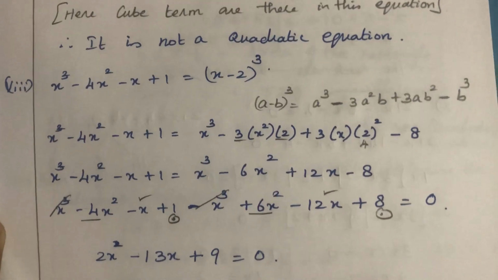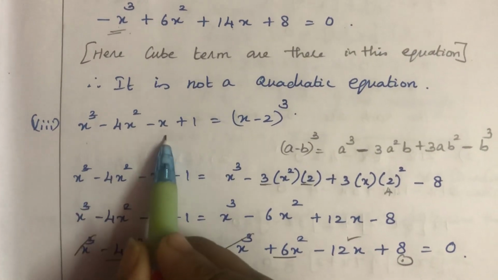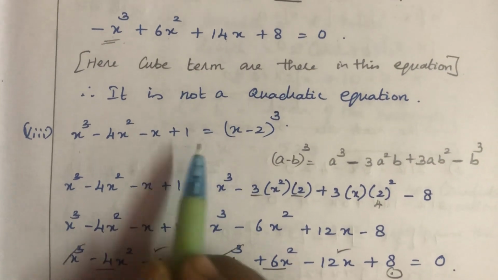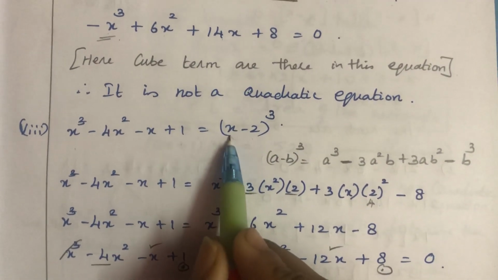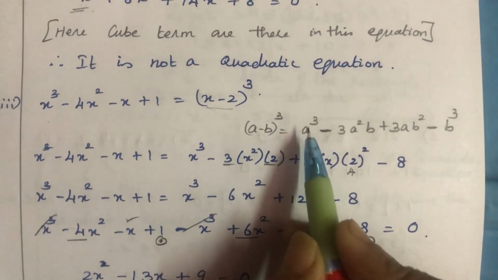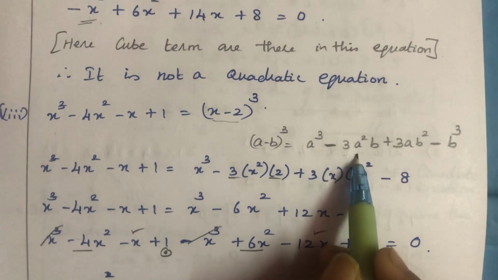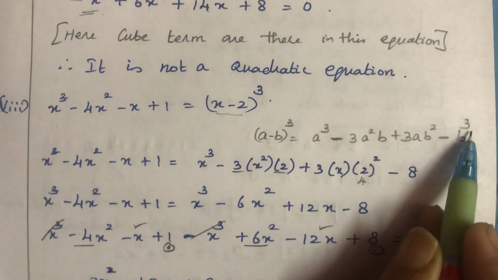Next, sum number 8. x cube minus 4x square minus x plus 1 equal to x minus 2 the whole cube. Again here it looks like a minus b the whole cube, which is equal to a cube minus 3a square b plus 3ab square minus b cube.